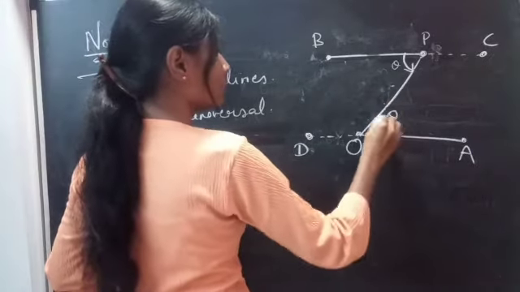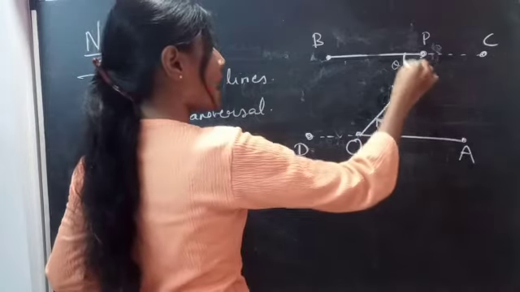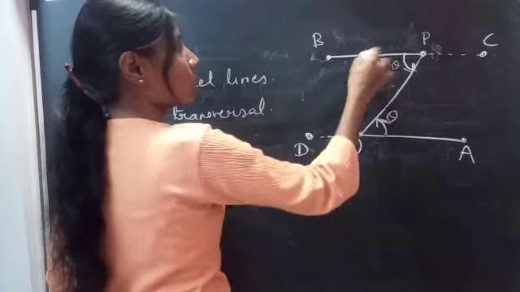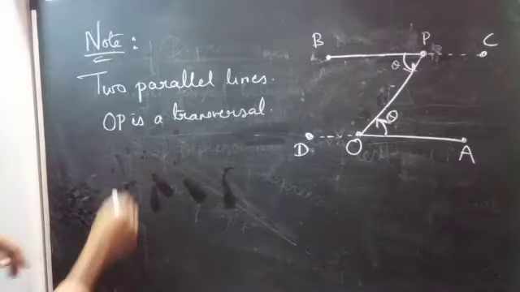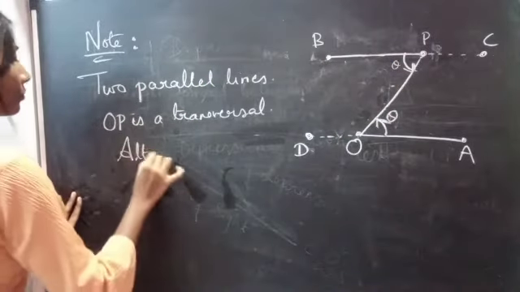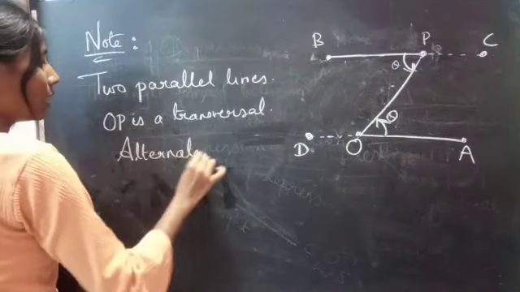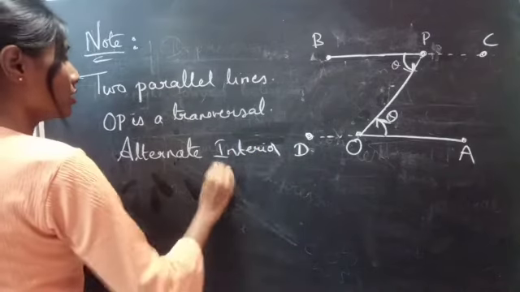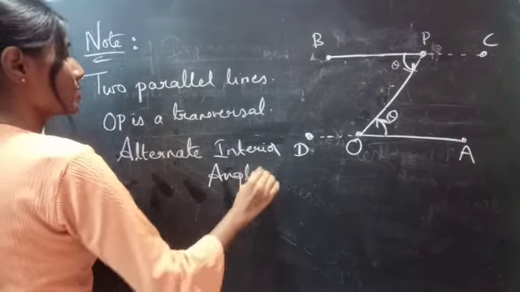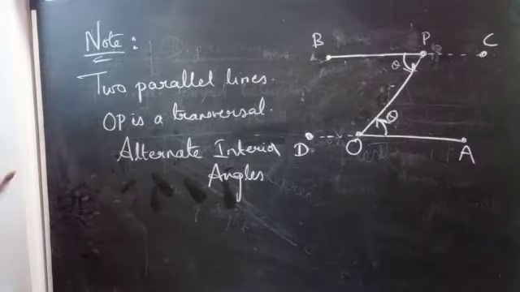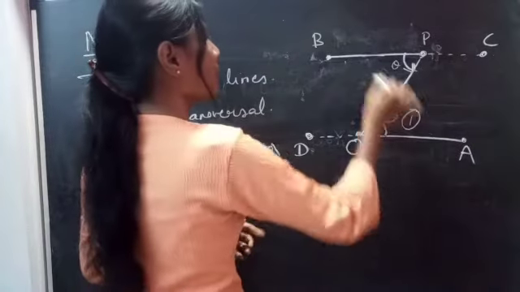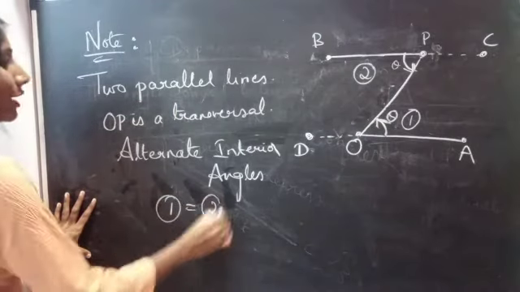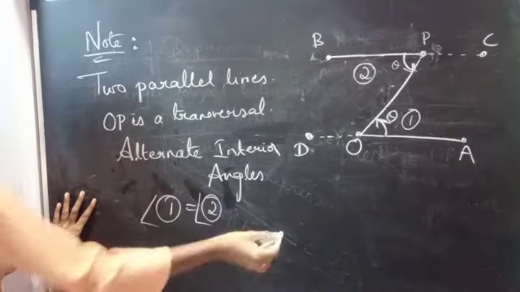Here the angles so formed are alternate interior angles. What are these? Alternate interior angles. We know that the alternate interior angles are equal. Name it as 1 and name it as 2. So angle 1 equals angle 2.